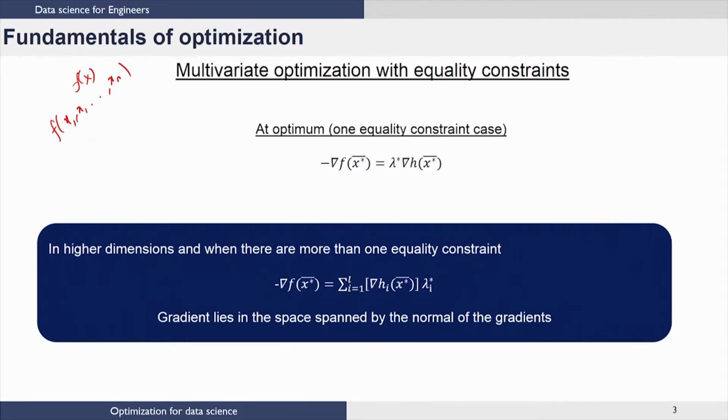We know that the optimum solution is grad f equals 0, which basically means that ∂f/∂x1, ∂f/∂x2, all the way up to ∂f/∂xn equals 0. When I expand this further, I will get equations ∂f/∂x1 equals 0, ∂f/∂x2 equals 0, ∂f/∂xn equals 0, and so on.